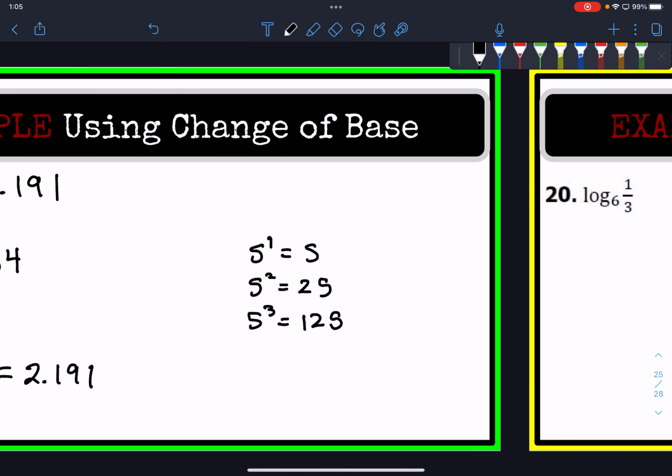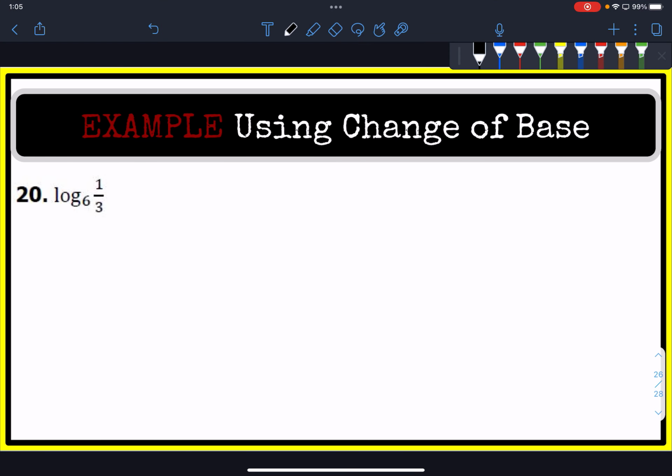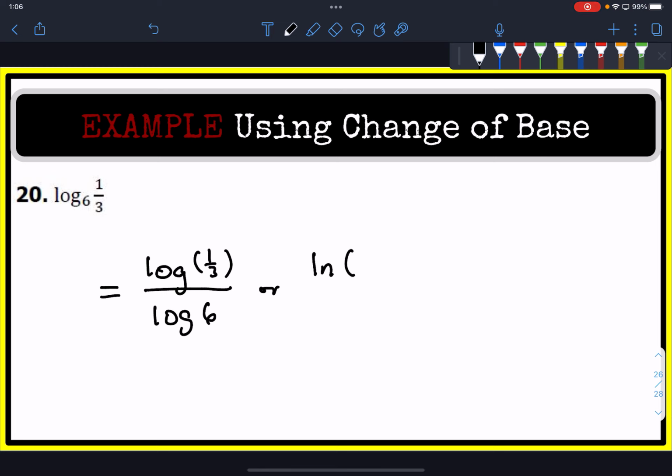So for number 20, in order to evaluate this, using the change of base, I would get the common log of 1/3 divided by the common log of 6, or the natural log of 1/3 divided by the natural log of 3.